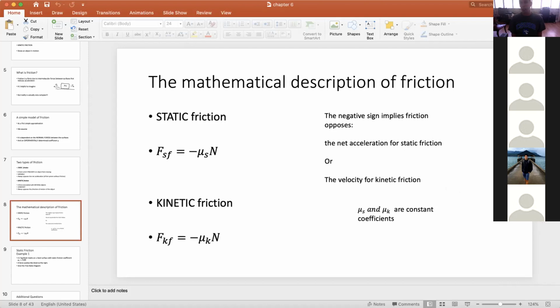We don't put negative signs on free body diagrams, right? We put them in the direction that's negative. So what this really means is it opposes the direction of motion. We'll get into that. And µs and µk are coefficients, and how they're related, we'll talk about that.